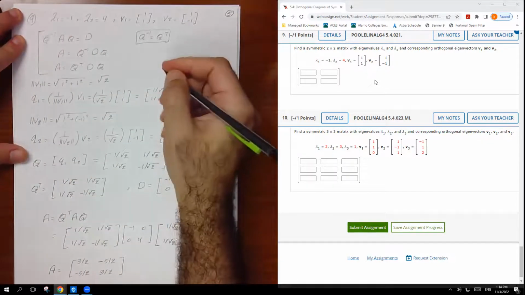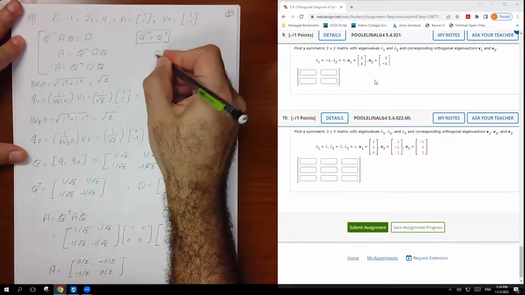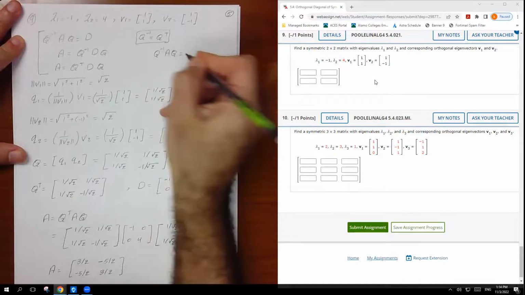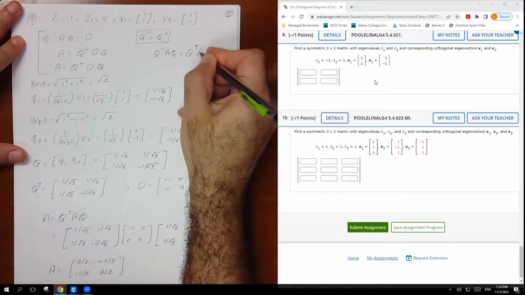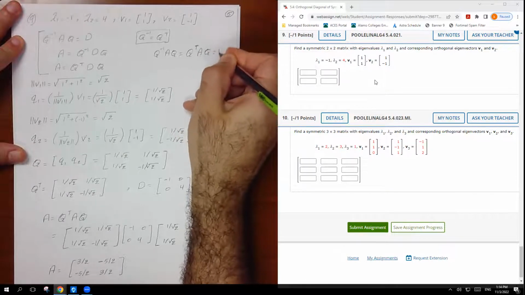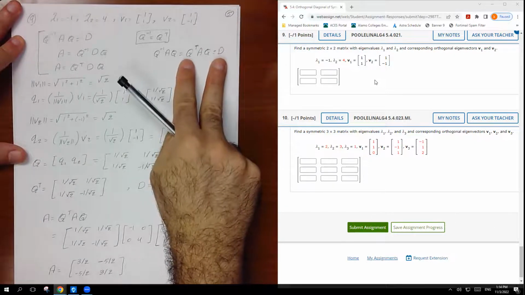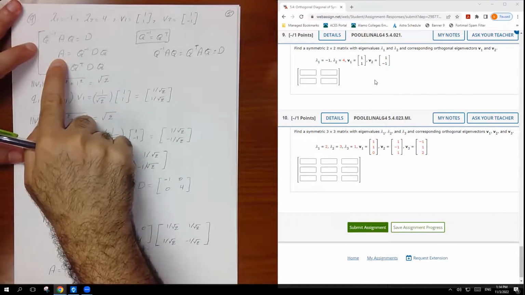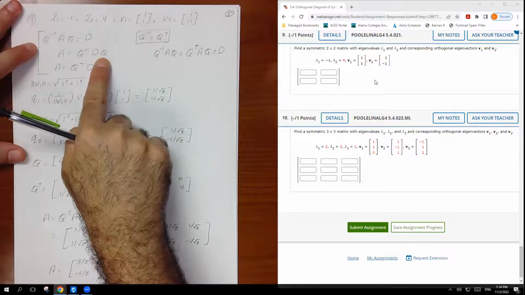If you remember, we have the theorem. It says Q transpose times A times Q is equal to the matrix D. That means if I reverse this, A equals Q times D times Q transpose.